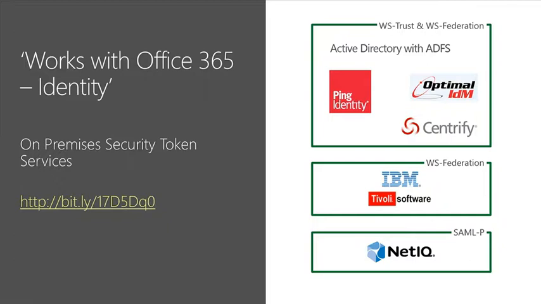Microsoft Office rich client applications use this other protocol called WS Trust. So if you're thinking about Lync connecting to Lync Online, Lync Server Online, if you're thinking about Word and Excel and PowerPoint, downloading documents from SharePoint Online, they're all going to need to authenticate to Office 365 using WS Trust.